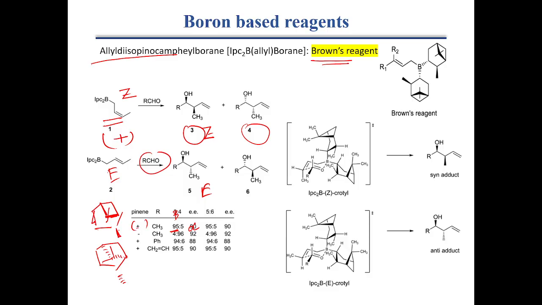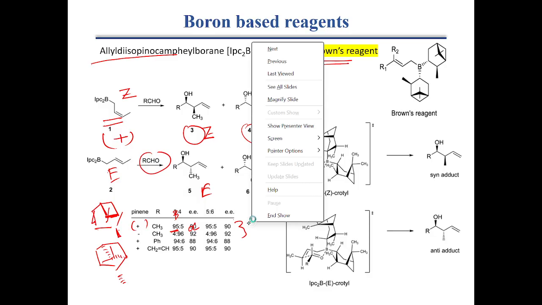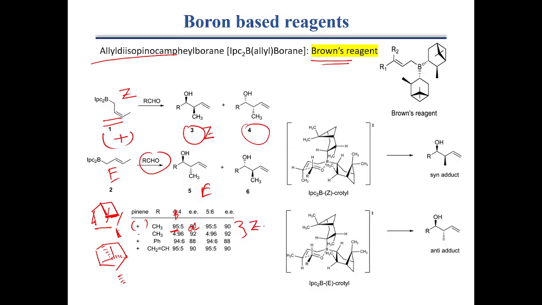In both cases, if we use a Z alkene, we get the Z product, or if we use an E alkene, we will get the E product. So this is the major and minor product.